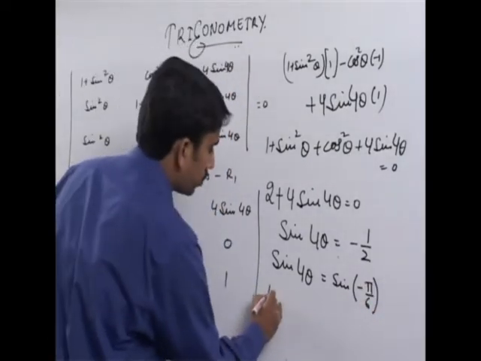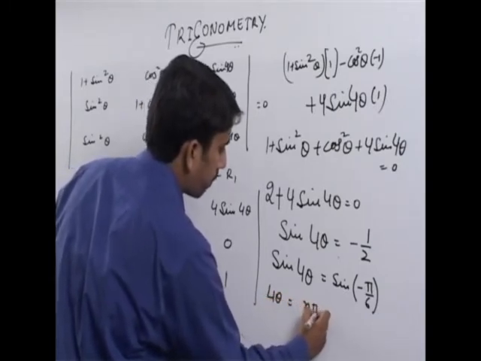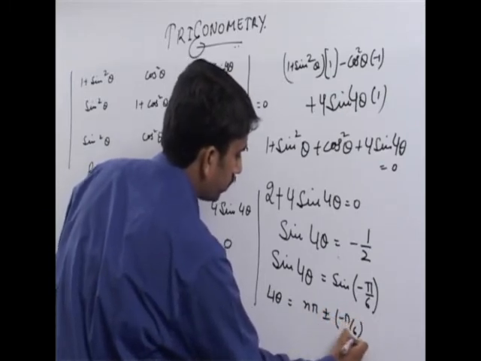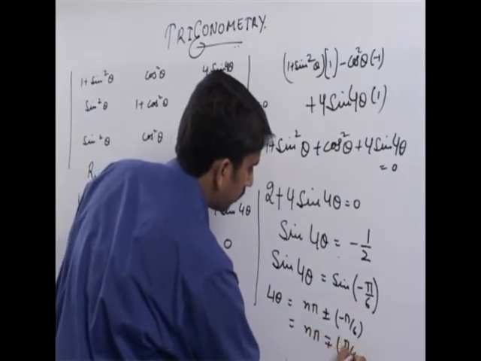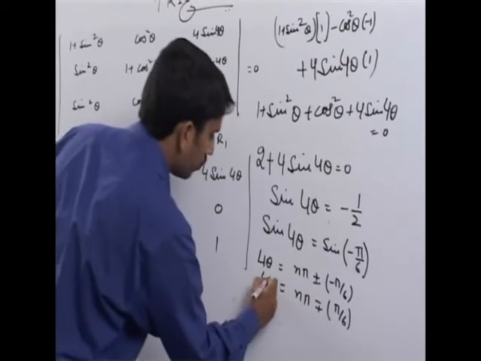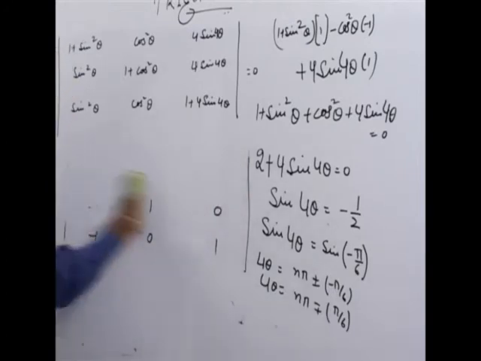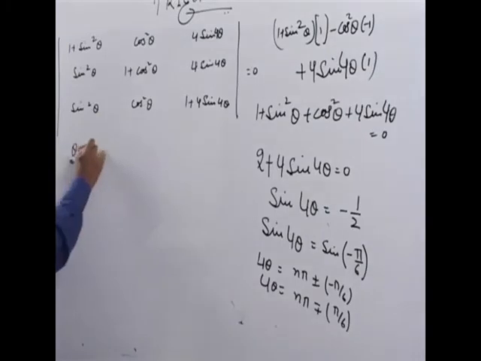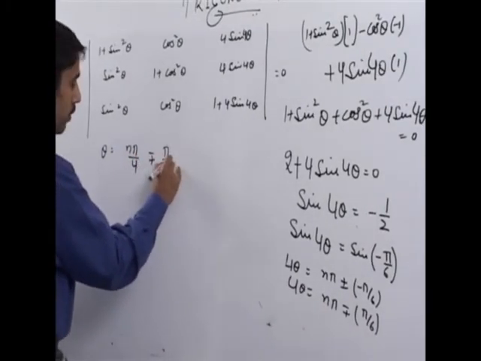Now 4 theta will be equal to n pi plus minus pi by 6, that is, n pi minus plus pi by 6. This is equal to 4 theta. Now theta will be equal to n pi by 4 minus plus pi by 24.